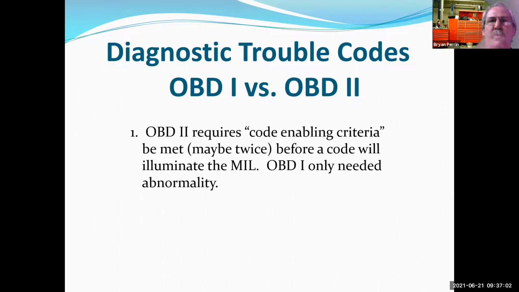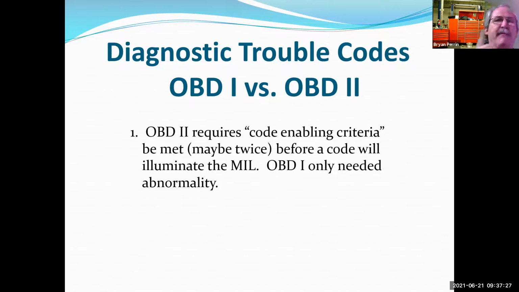So by looking at the enable criteria and looking at the vehicle, I can start developing tests for how I'm going to test if that is happening. It also helps me decide what tool I need for a test. If it says this happened and it happened for 100 milliseconds, I probably need a scope to see that.